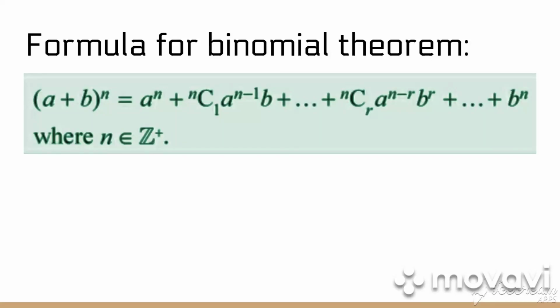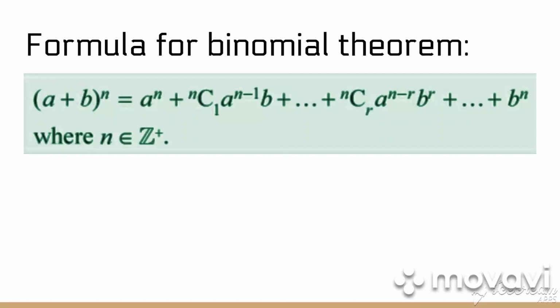For any (a + b) to the power n, it is a to the power of n, plus the combination of n and 1 times a to the power of n minus 1 multiplied by b, and so on for every next term.